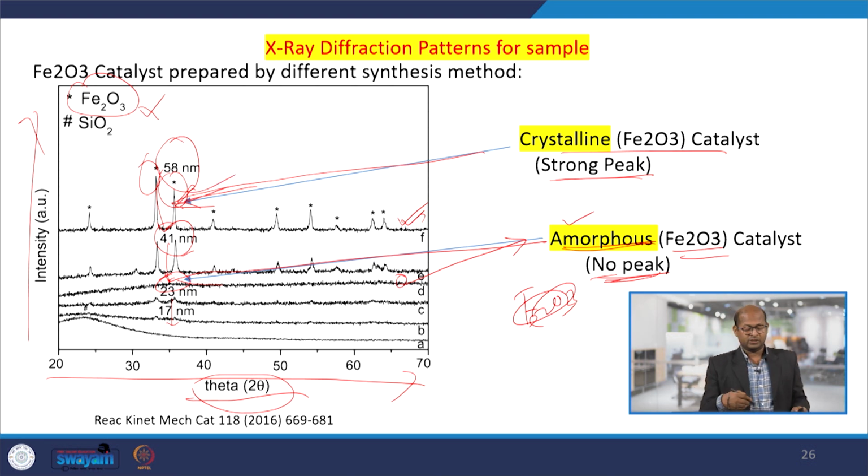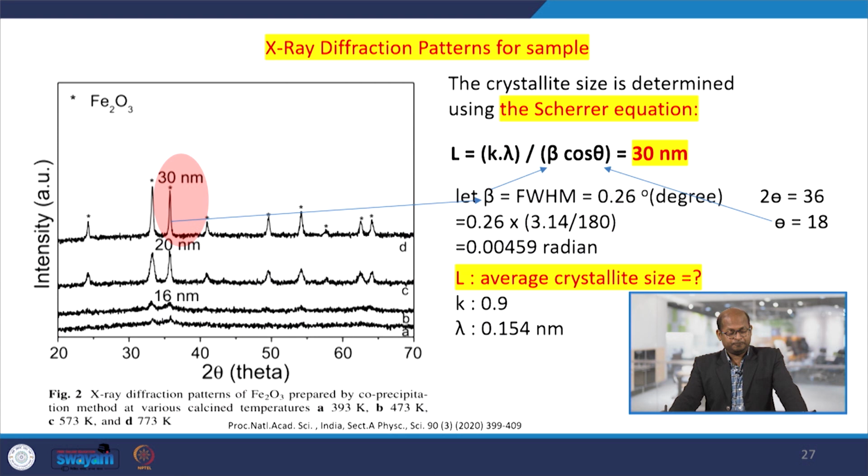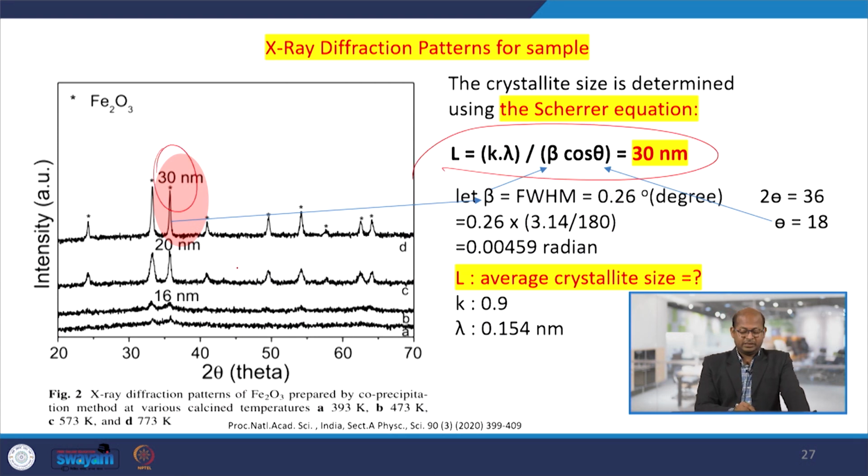That way you can also distinguish whether the material you have prepared by following a particular method forms an amorphous material, and when you follow different preparation methods to prepare the same catalyst, it gives strong peaks, meaning crystalline nature. So, crystallite size also we can find out that way. Here it is given as 30 nanometers crystallite size.